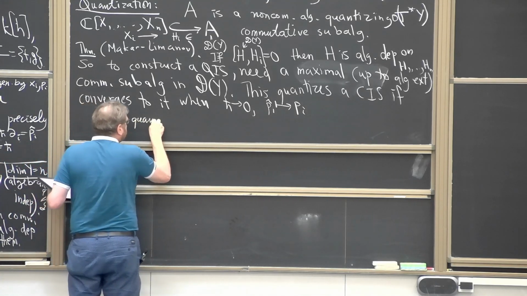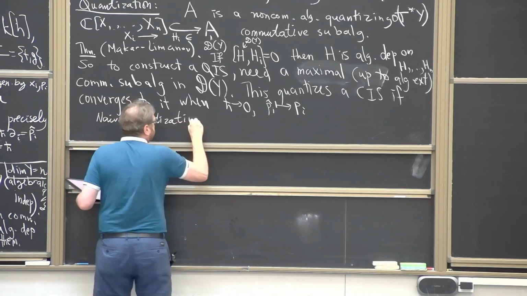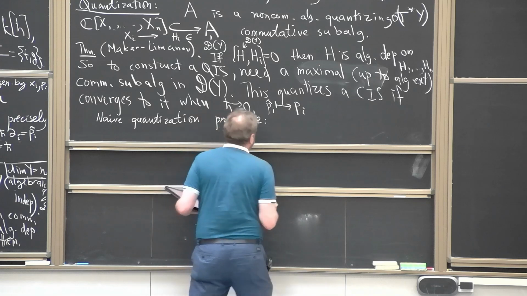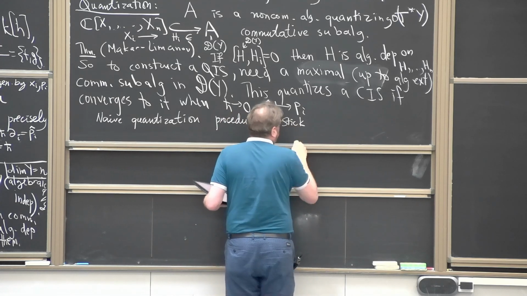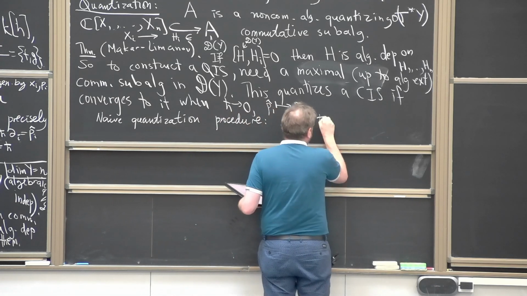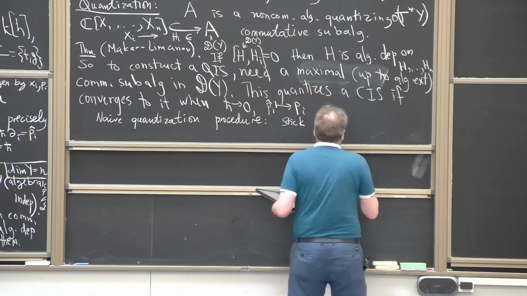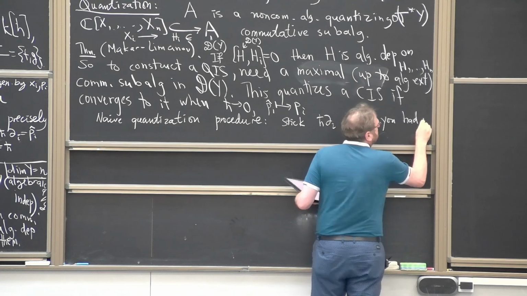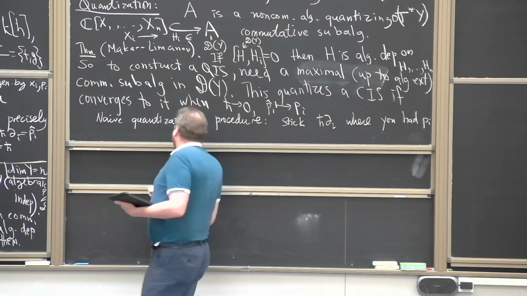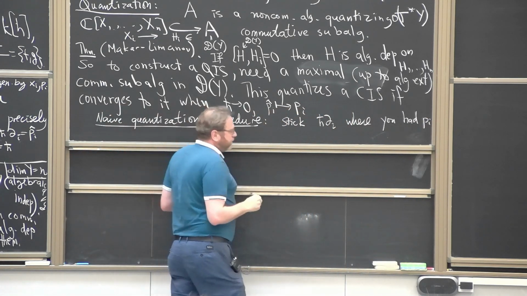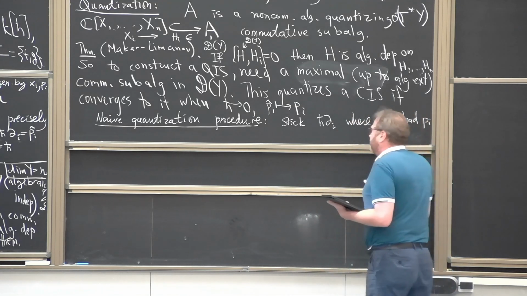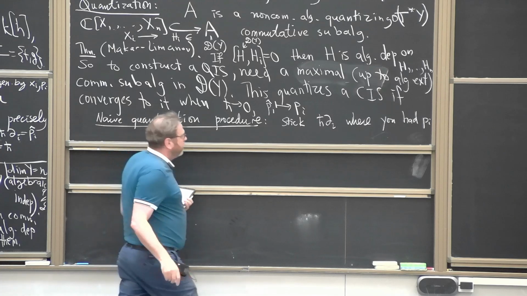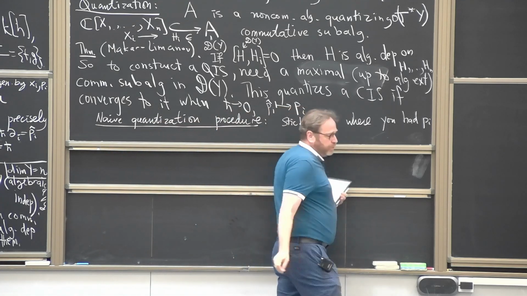So first of all, this gives rise to a naive quantization procedure. Just stick h bar times d sub i where you had pi. Well, this is clearly not a good thing to do in general, because there will be ordering problems, because these di do not commute with coordinates.